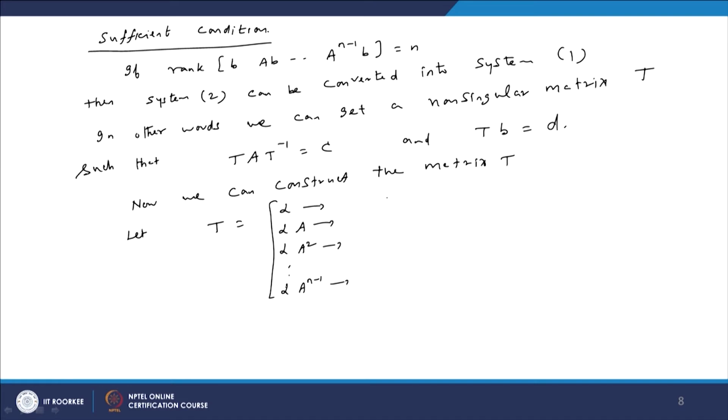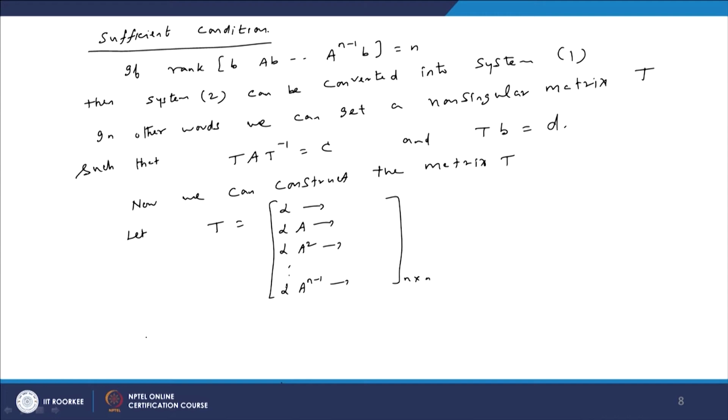vector. Okay. So, we take a matrix T in this particular form. Now, if we are able to find this alpha vector, then it is clear that we can get the entire matrix T. So, let us see how to construct this alpha vector.